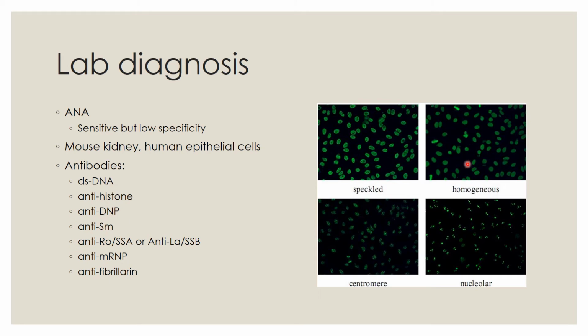The homogeneous pattern, obviously, is very smooth, but you can get any nuclear component, and you can see that here in the centromere pattern, where just the centromeres of the chromosomes are shown. And it would be a lot easier to see this if we had them lined up, because that's always easier to see when they're lined up.